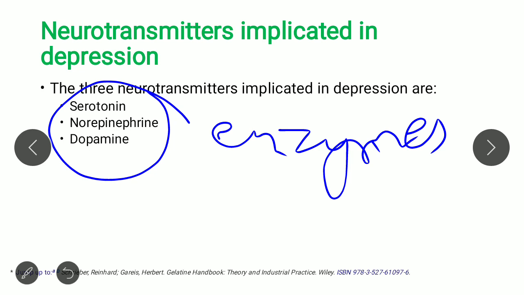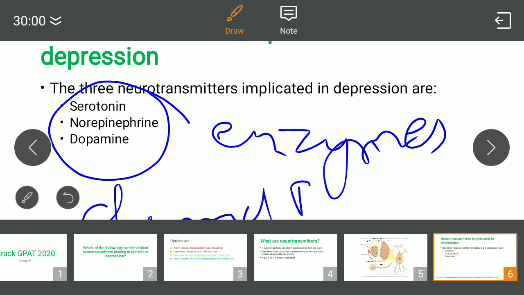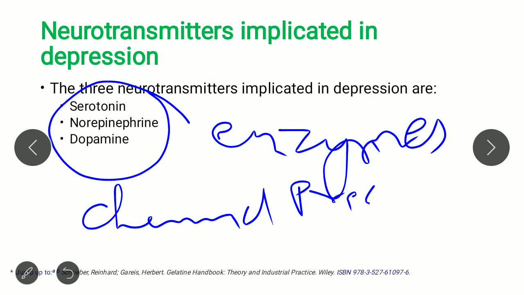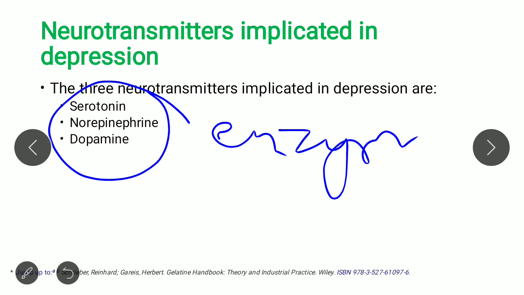There might be the reason that very few molecules can build neurotransmitters. That means not only enzymes but the chemical precursors are also one of the reasons for low levels in the brain.